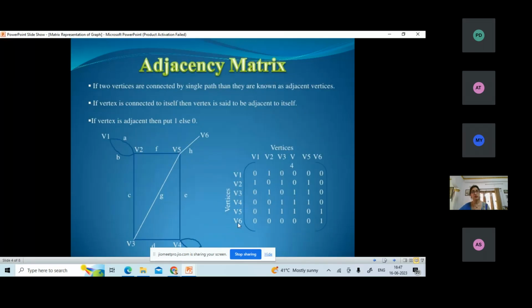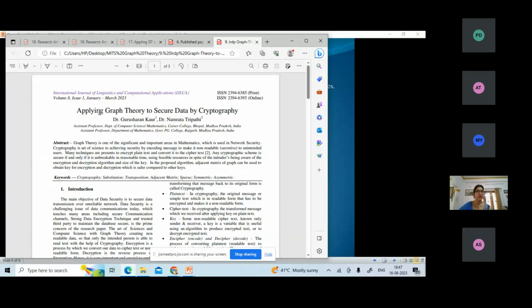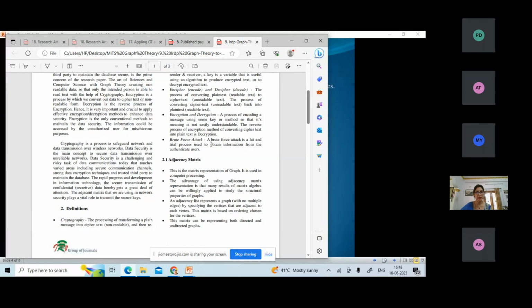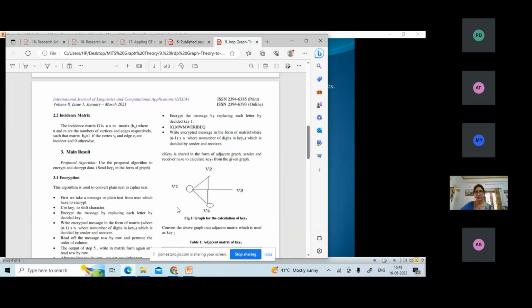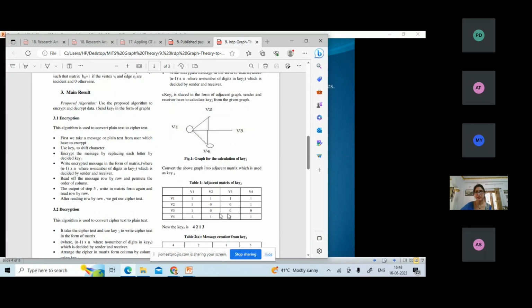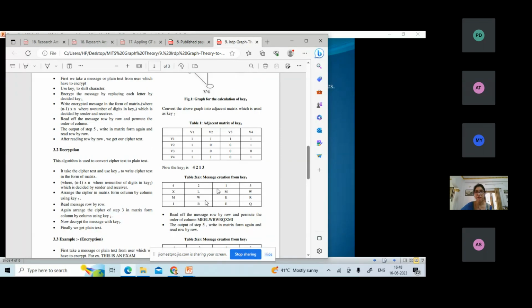I will use the adjacent matrix in one of my papers, on cryptography: application of graph theory to store data by cryptography. This is the graph, and this is the matrix representation of this graph, and I use it in cryptography.